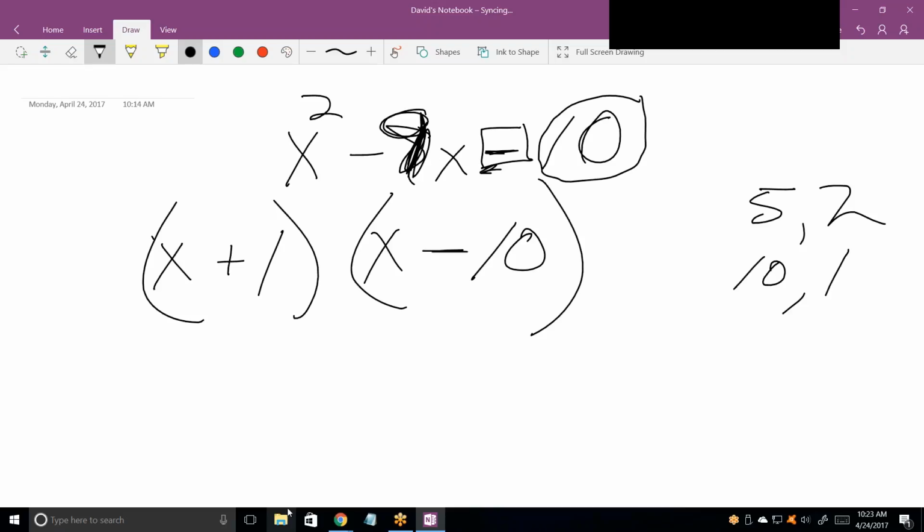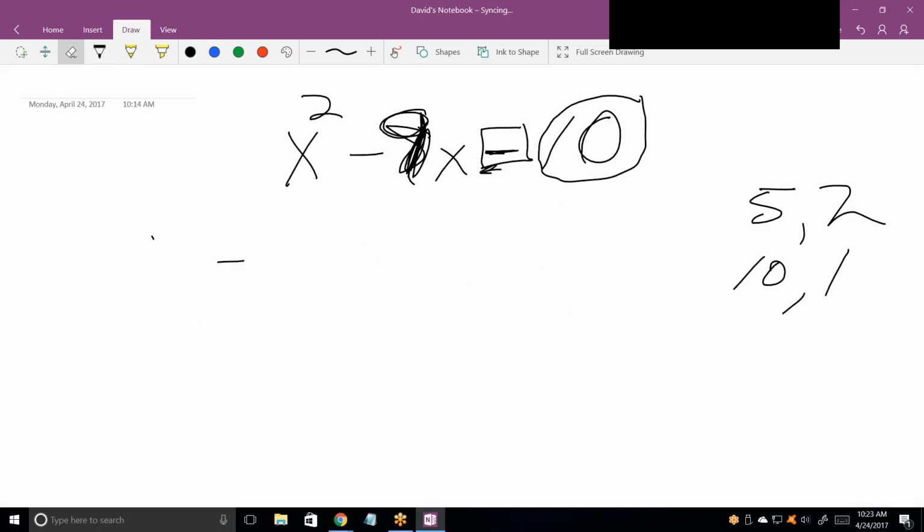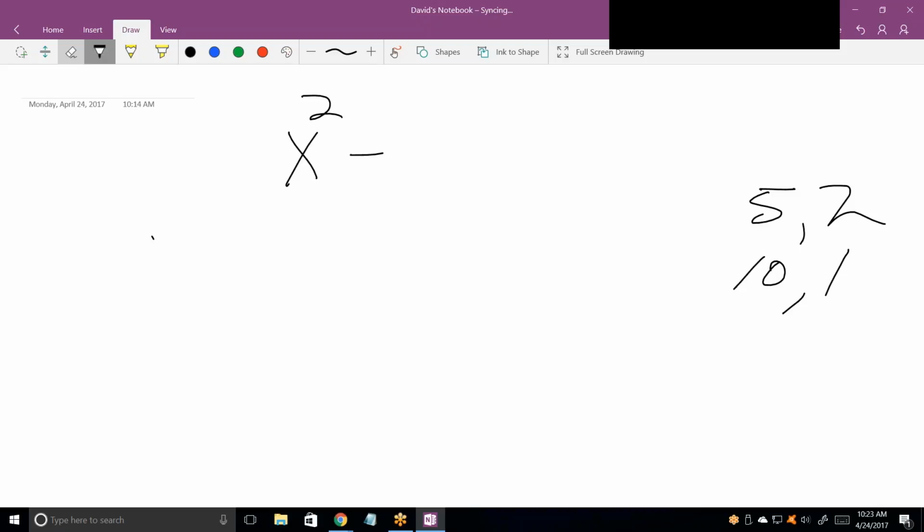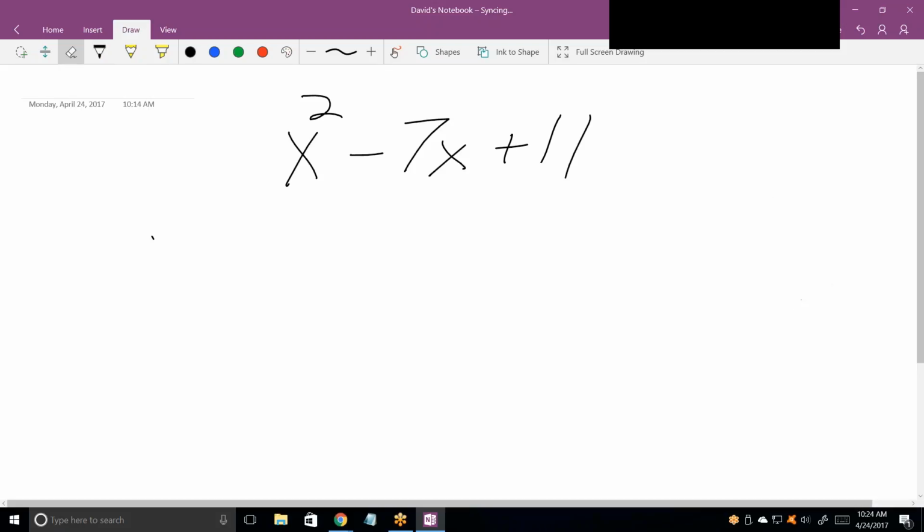Now, if you come across a quadratic that does not factor, then what do you do? In other words, I had 7x plus 10, let's make it 11. Now, I'm not going to be able to factor this.